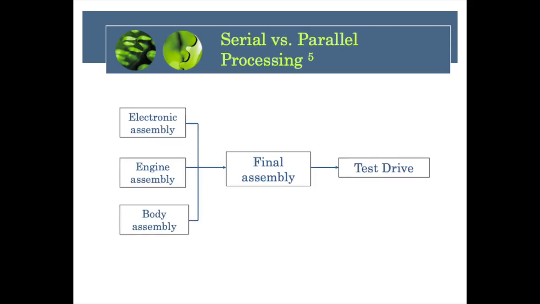All right, so as we're thinking about processing, there are two definitions that are going to be important to us in relation to how things potentially may be processed. The first thing we want to think about is serial versus parallel processing. Serial processing is where things are put together and assembled in a specific order.